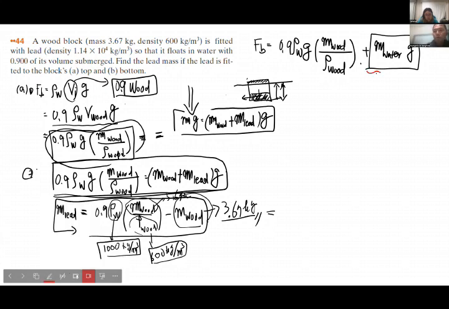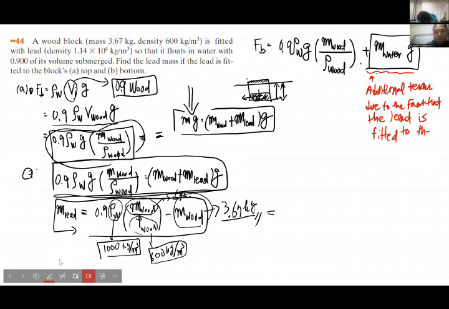This term is an additional term due to the fact that the lead is fitted to the block's bottom.